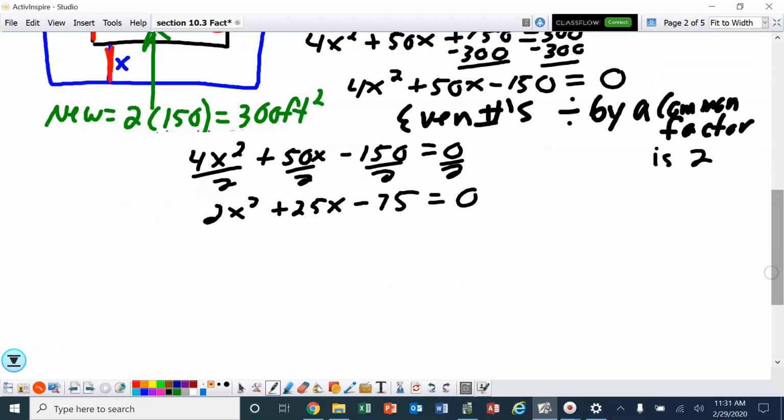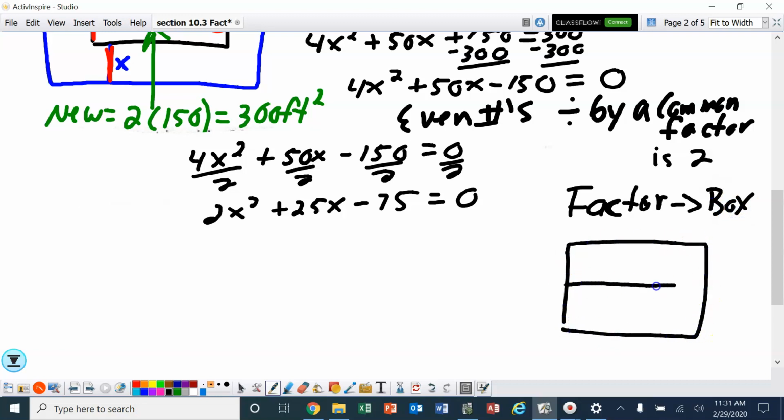All right. Well, to factor this one, we're going to use the box. The reason I need to use the box is because the lead coefficient on this is 2.